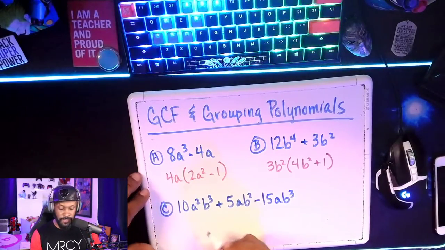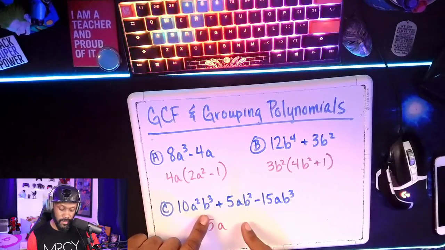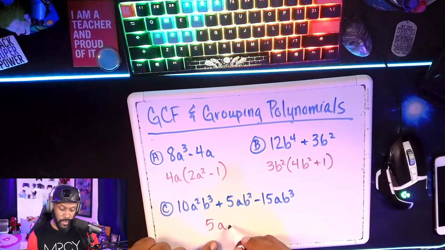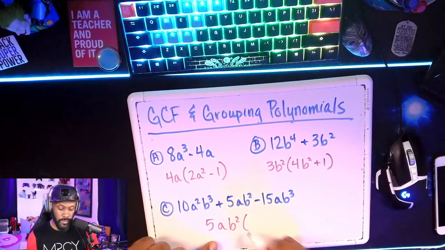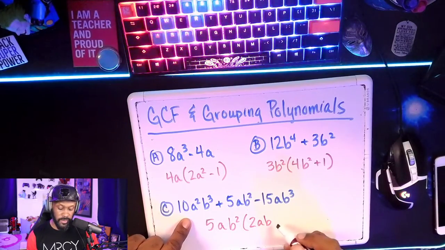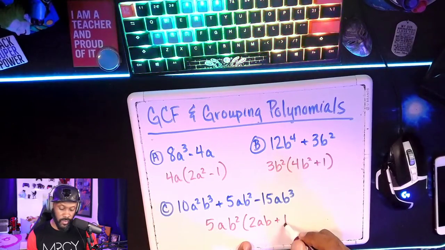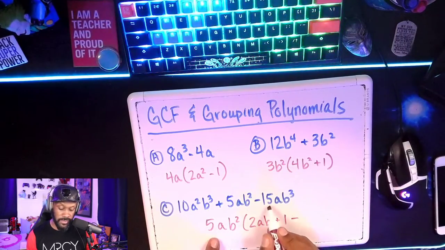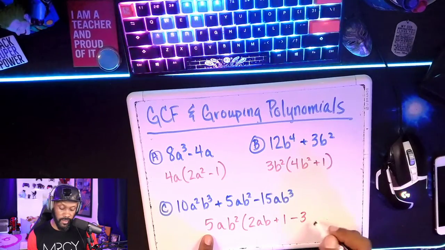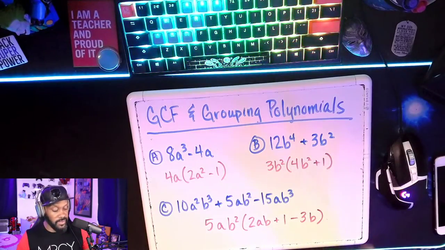I say the greatest common factor here would be 5a and b squared, which leaves me with 2a b, 2a to the first, b to the first, plus 1 minus, because that's negative 15, 3b. You leave it as such. Okay, finding the GCF.